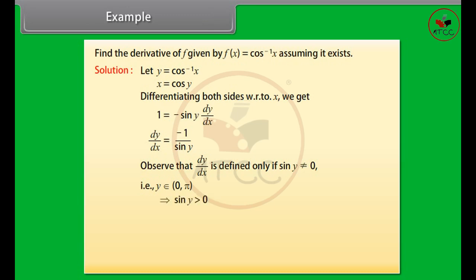It implies sin y is greater than 0. It implies sin y is equal to square root of 1 minus cos square y. dy by dx is equal to minus 1 by square root of 1 minus cos square y, which is equal to minus 1 by square root of 1 minus x square.